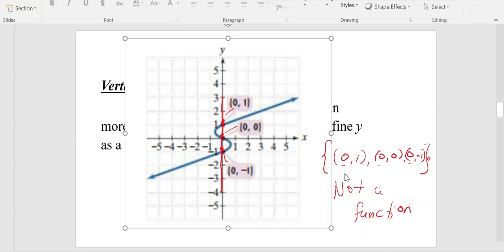And remember, by definition, a relation is a function if every single element in the first set corresponds to only one element in the second set. So this one is not a function because it fails the vertical line test. And we'll have some more examples in the next video.